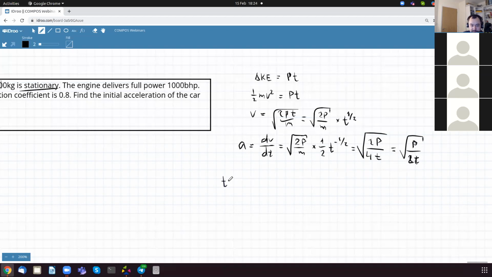So when t is equal to 0, what's the acceleration? Come on, you know it. Don't be afraid. Guess. Why is it 0?